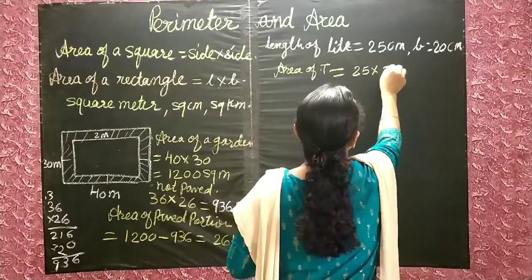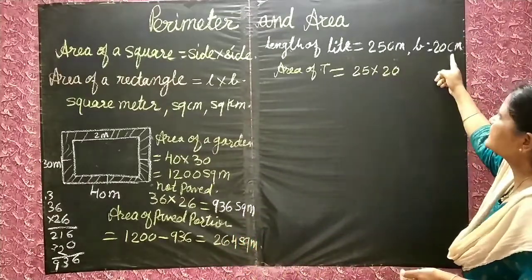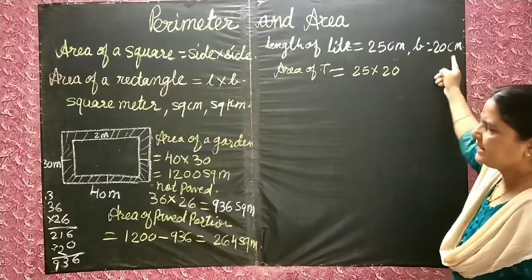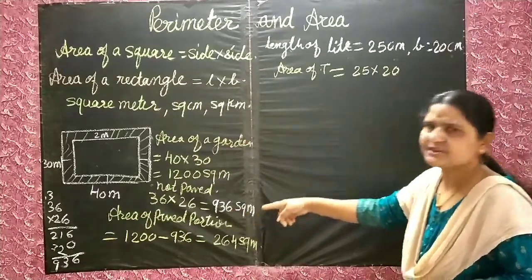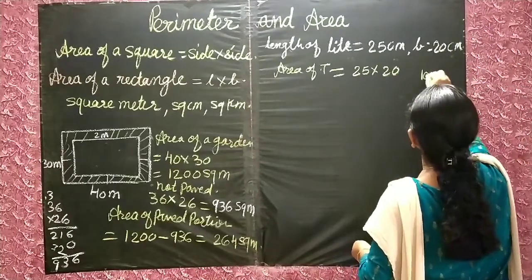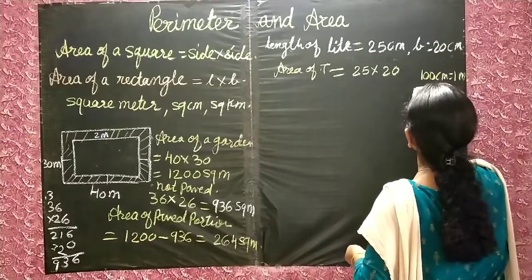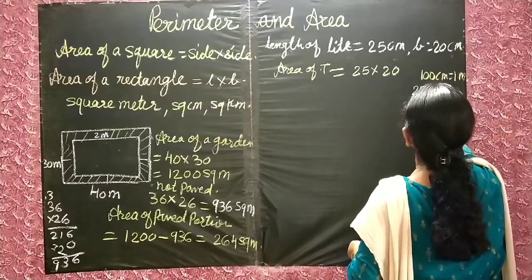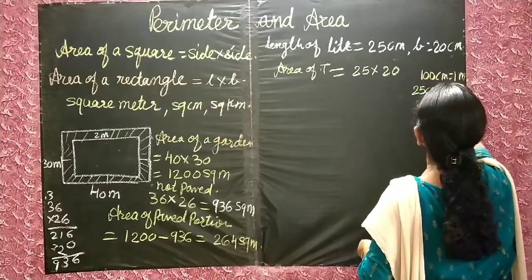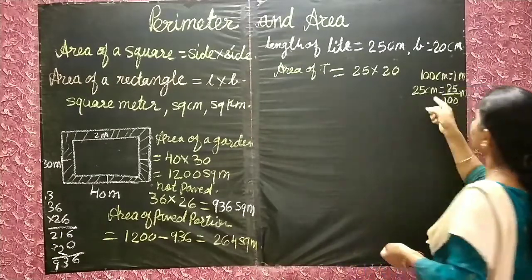25 multiplied by 20. But here see, these tiles are given in centimeter, and all areas are given here in meter. So we have to convert it into meter. And we know that 100 centimeter is equal to 1 meter. So 25 centimeter is equal to 25 upon 100 meter.